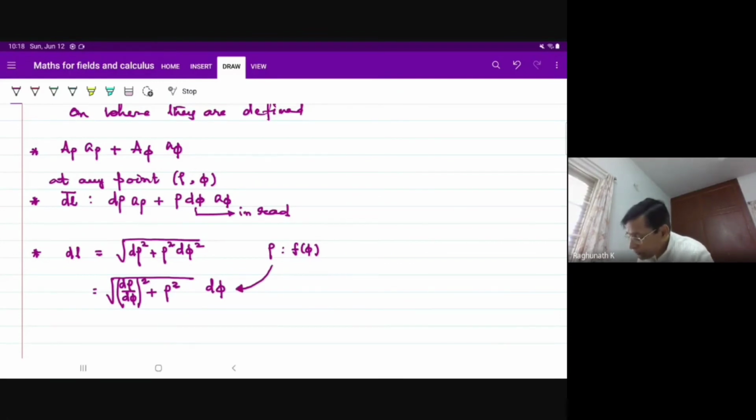Now this is completely in phi, right? This is f dash of phi squared plus f squared of phi, because rho is f of phi, d phi.